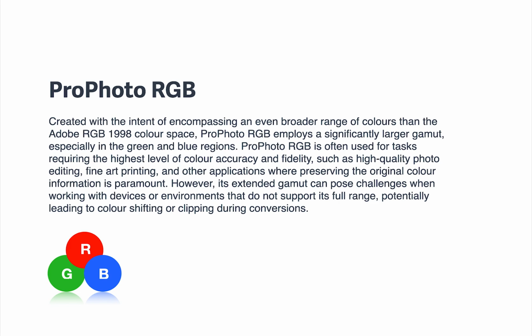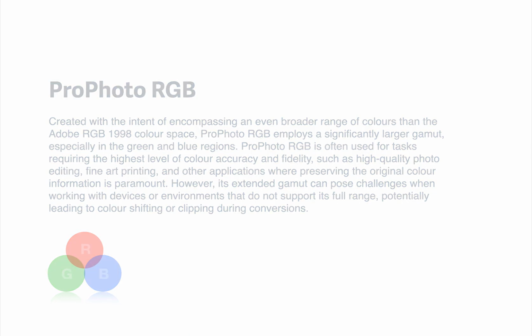However, because it has a significantly larger gamut than standard color spaces like sRGB and Adobe RGB, images in ProPhoto RGB may appear oversaturated or distorted on average monitors, whilst printers may struggle to reproduce its full gamut.